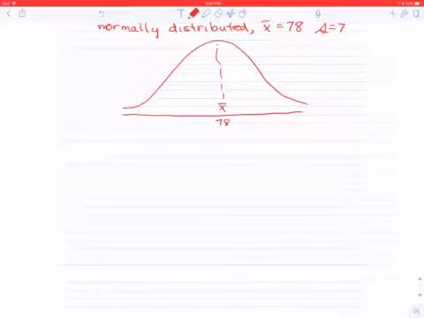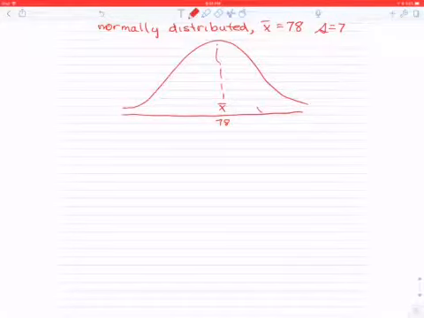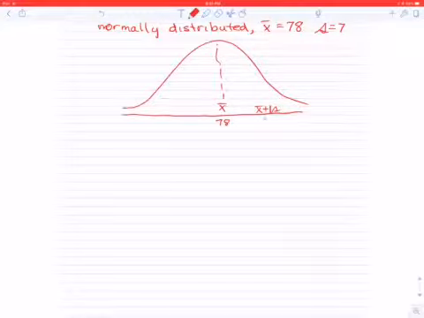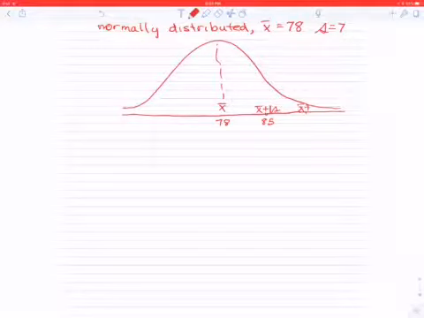Now, one standard deviation above the mean, that is the mean plus one group of whatever our standard deviation is. So 78 plus 7, that's 85. Two standard deviations above the mean, that's the mean plus two groups of our standard deviation.